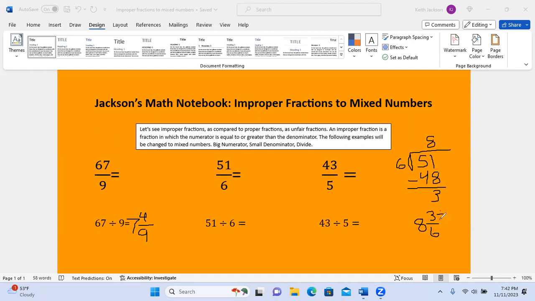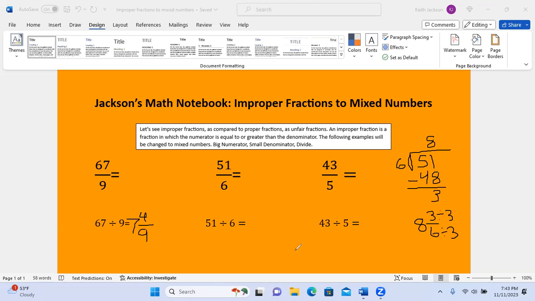And so let's simplify 3/6. And the good news is that when the numerator is 1/2 of the denominator, it'll always simplify to 1/2. And I can prove that to you because 3 goes into itself 3 times, and 3 goes into 6 as well, 3 times. So we can divide both numbers by 3.